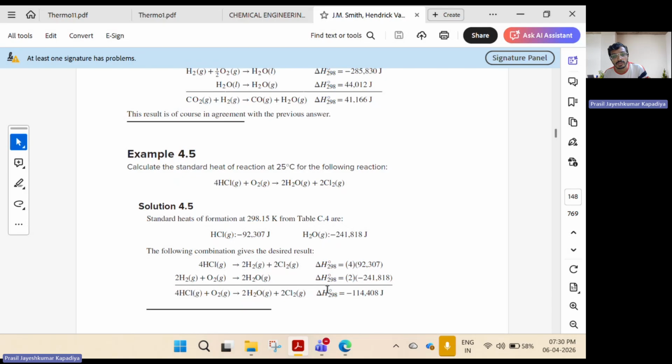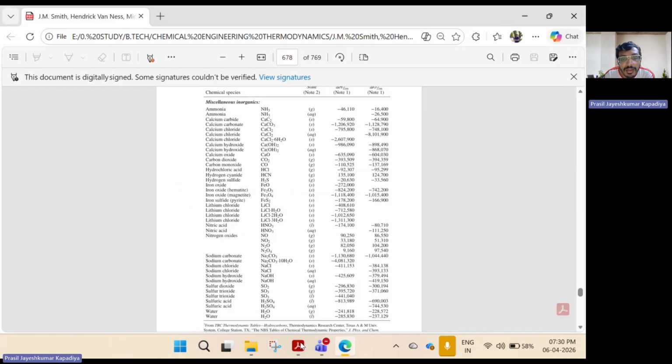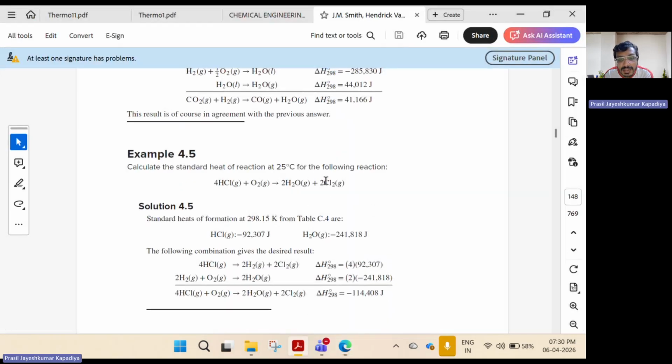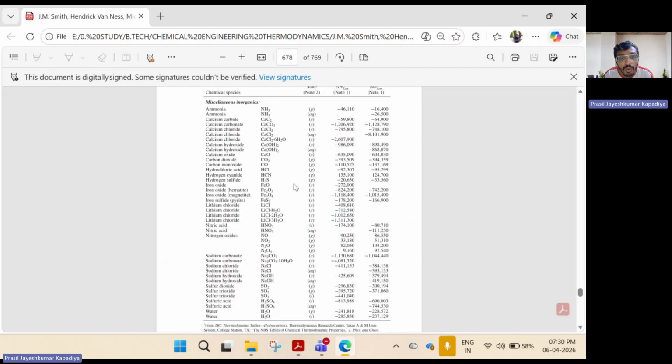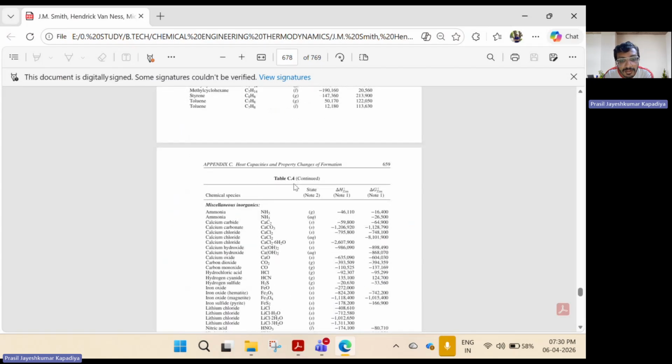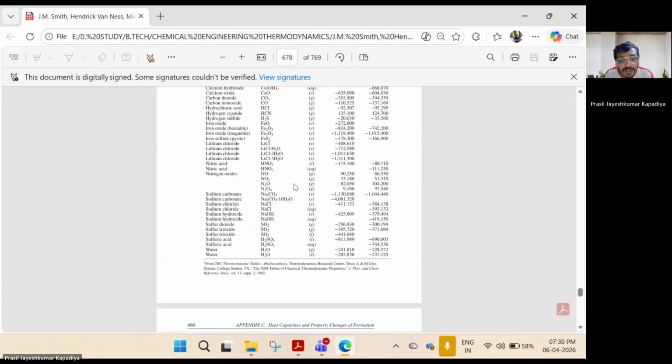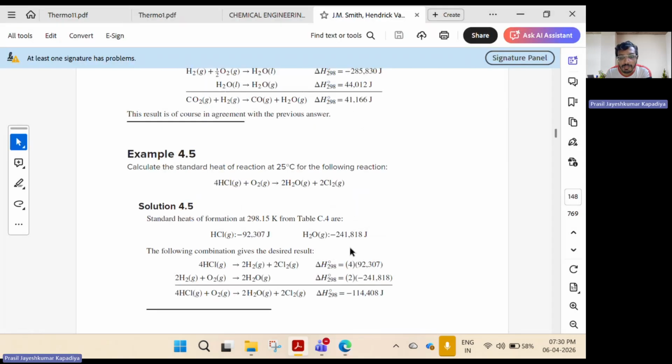O2 is 0. H2O in which phase? It is in gas phase. Water is available as gas and also as liquid, but we need to look at the gas phase. So it is minus 241,818 joules, a very large value.